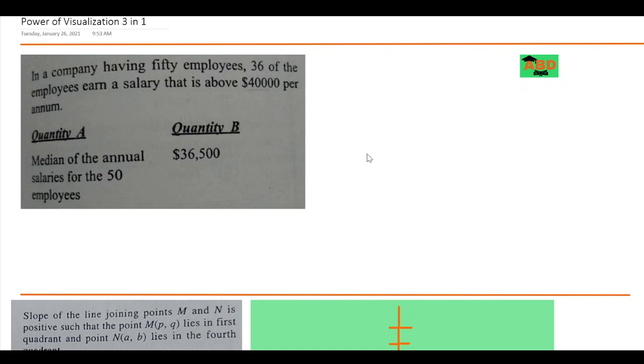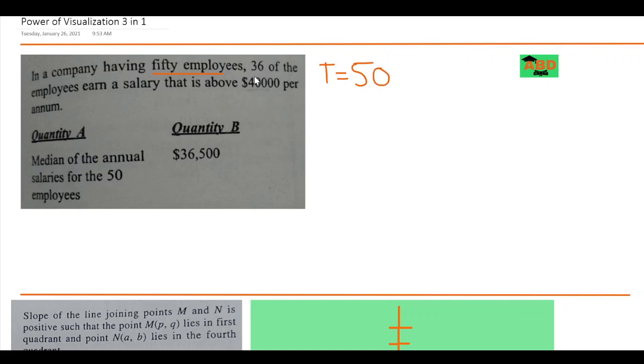The point of doing these questions is to give you a little taste of why the power of visualization, and the ability to imagine a scenario and draw it out in front of you, is really important. I think the point is going to be pretty clear after we solve these questions. So let's go.